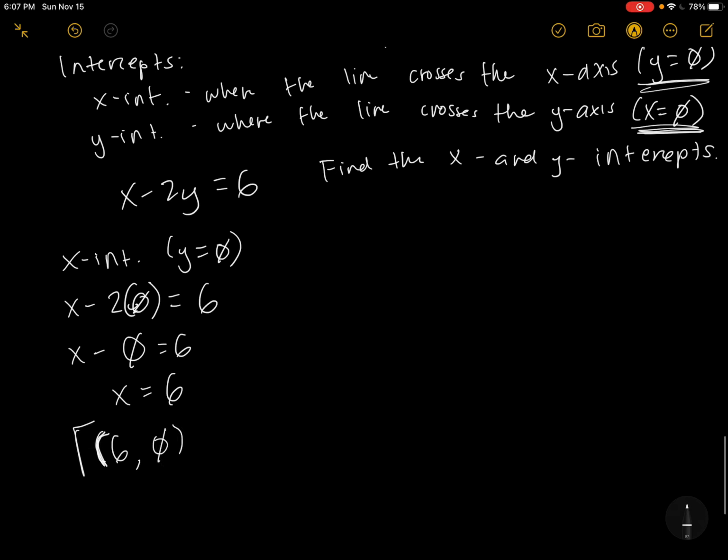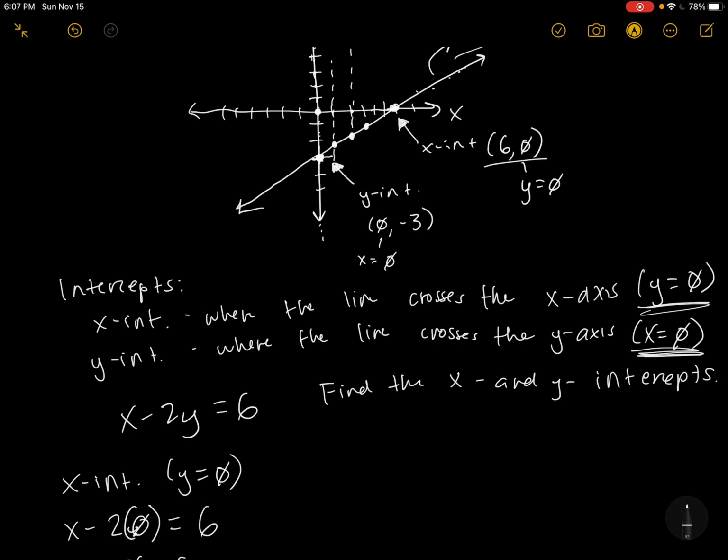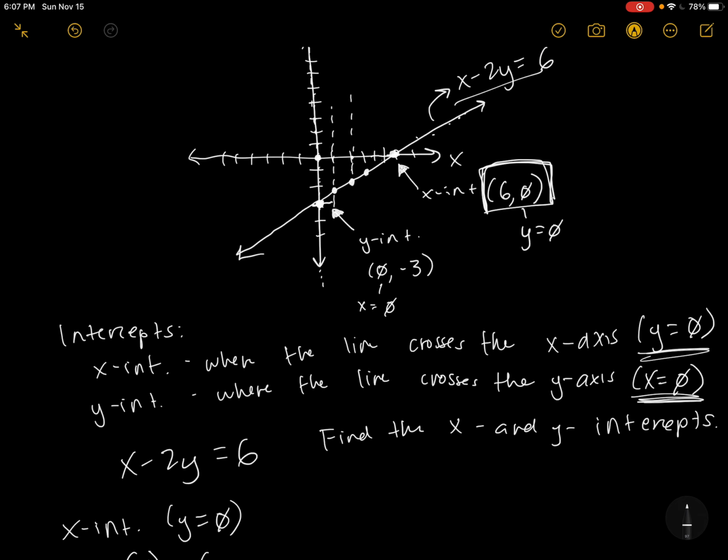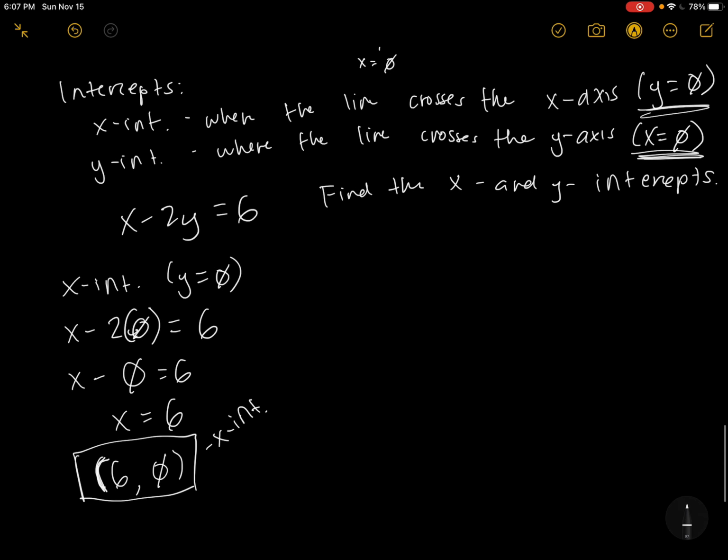And this is me using algebra to find it. But if you look above, I got the same answer when I graphed it too. So maybe you want to find it by graphing, where the line crosses the x-axis, right there. Or you can use algebra, remembering this little rule.